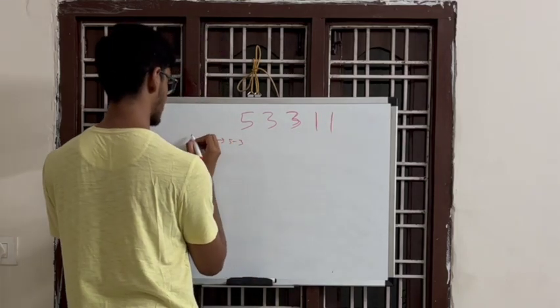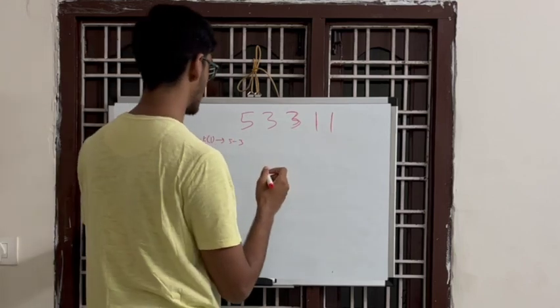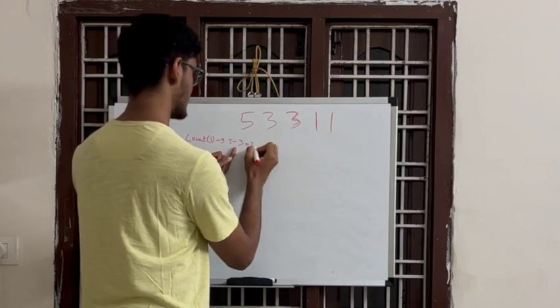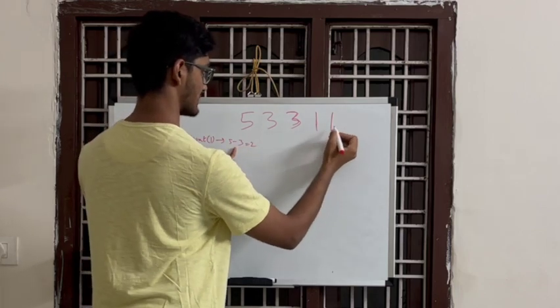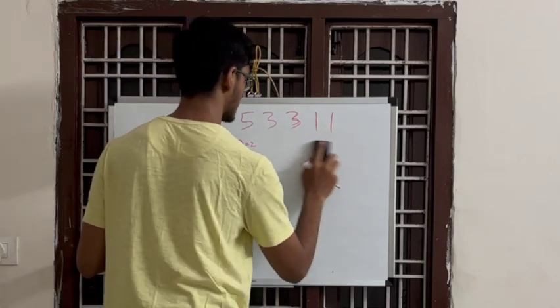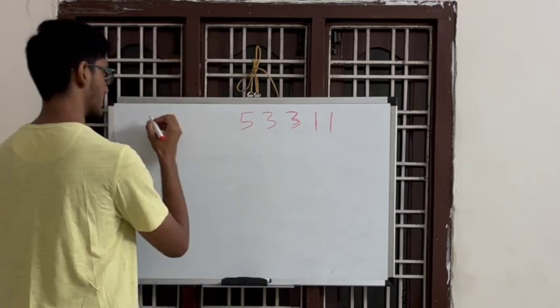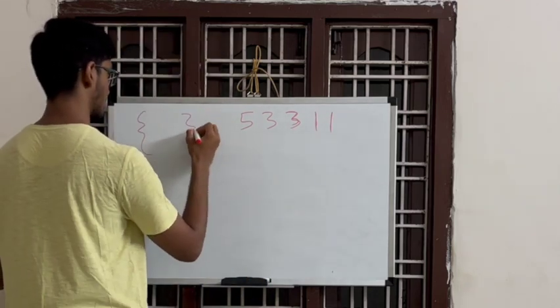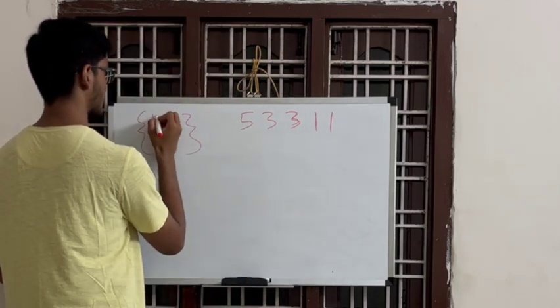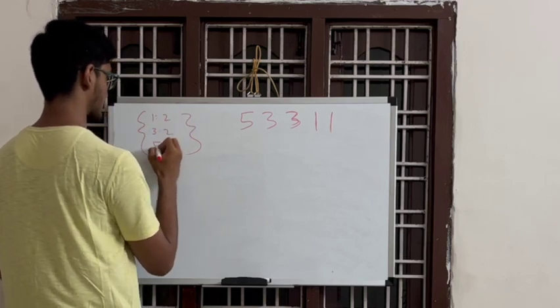Is the count of 1 in this, which we will get is 2, equal to the count of 1 here? Yes, it is. The count of 1 is 2. Basically, to achieve this, we'll take a map which contains the frequency of each element. So we'll get 3 as 2 and 5 as 1.